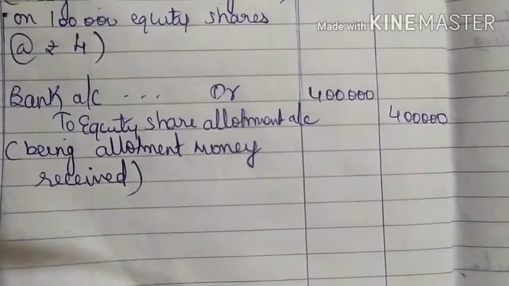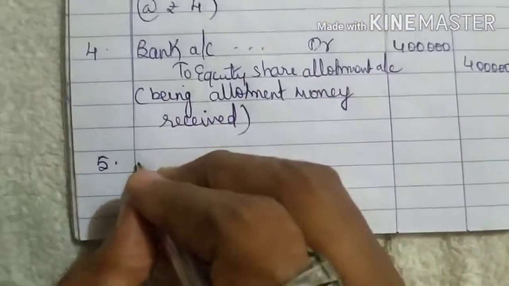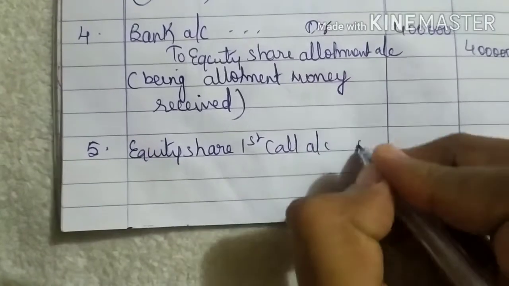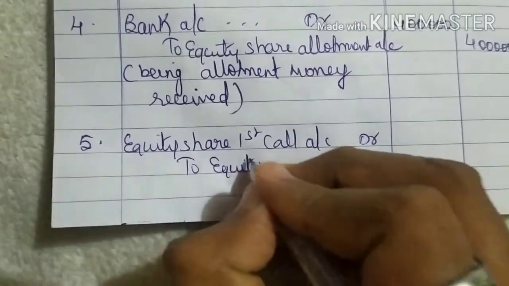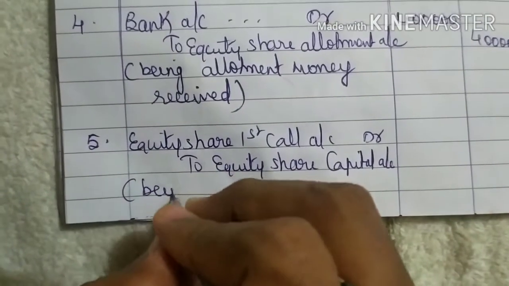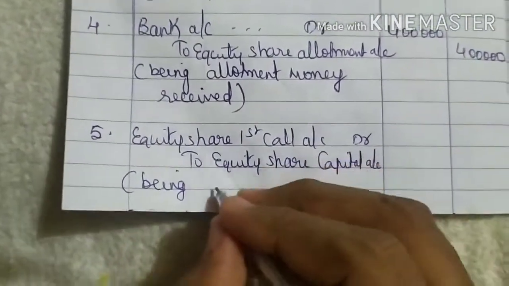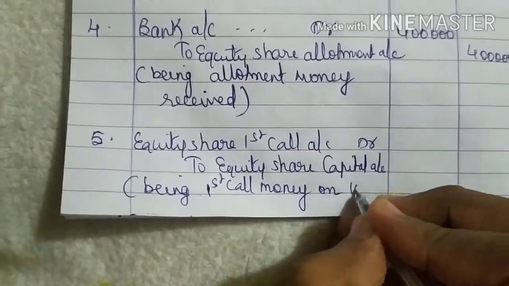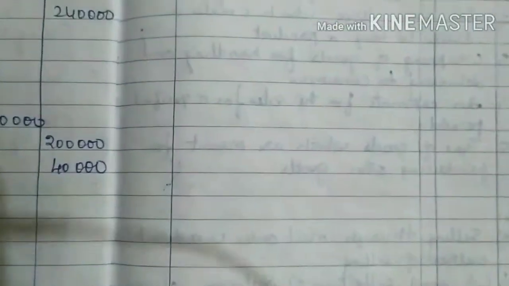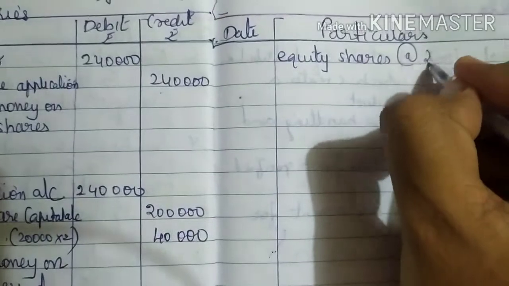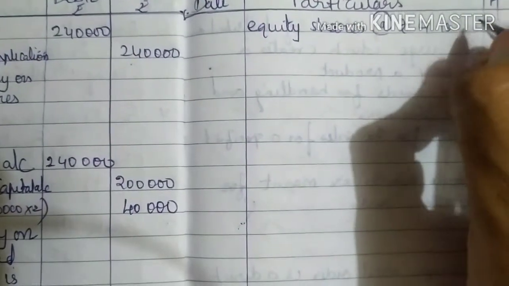Now you will intimate the public about the first call. So the entry will be equity share first call account debited to equity share capital account, being first call money on 1 lakh equity shares at rupees 2 is due.